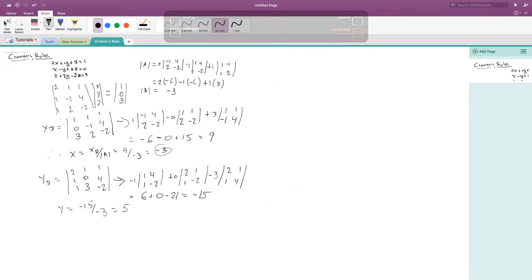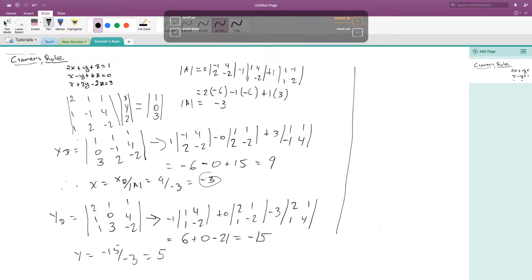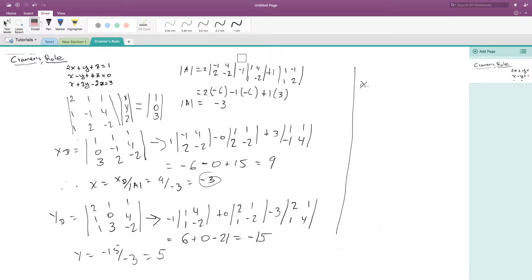Now let's do this for the last variable, which is z. So for z, the determinant will be, so this one will be the same, 2, 1, 1.